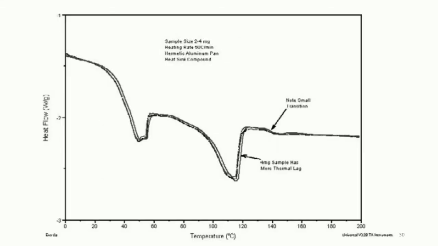At about 50 degrees Celsius per minute, here we can see in this picture that the first heat shows a total heat of fusion of 12.58 joules per gram, with 97% of that coming from the peak near 115 degrees Celsius.